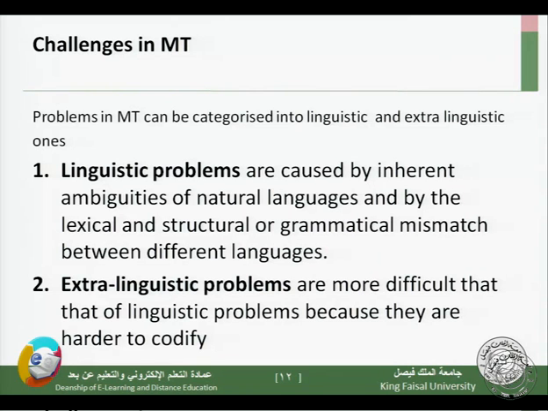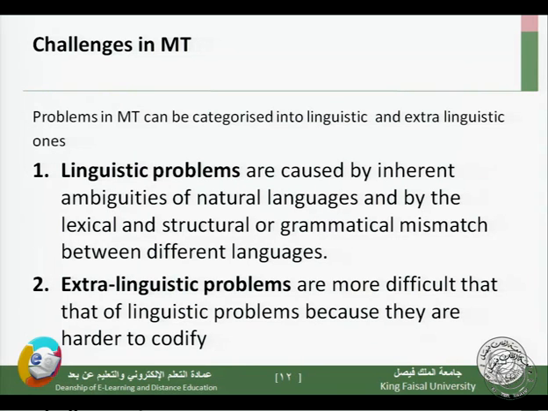Now the second one, which is the most difficult one, is called extra linguistic problems. Extra linguistic problems are more difficult than linguistic problems because they are harder to codify. (There is a spelling mistake here; this one should be "than." Sorry about this.) They are harder to codify.